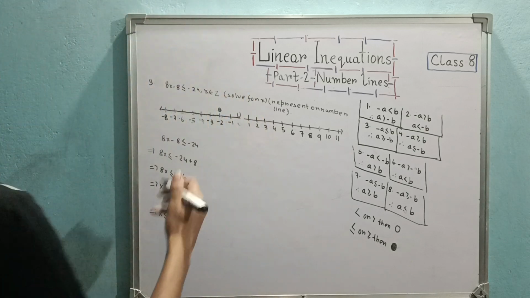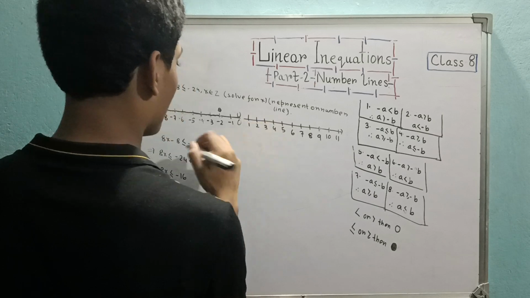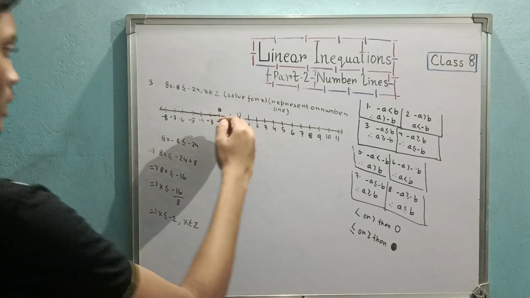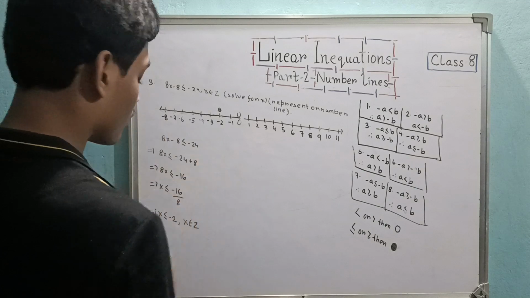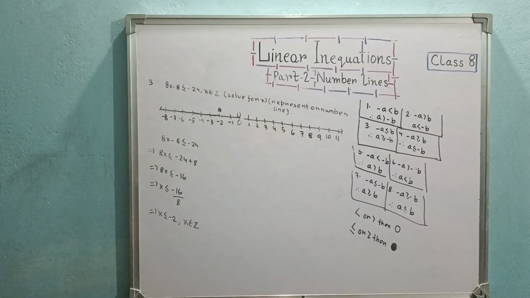So try to understand this. Here what I have done is I have tried to darken the line. After minus 2 in this direction it gets thickened because it goes endless. Endless integers are there less than minus 2. And we have put a darkened circle on minus 2 because the less than or equal to sign is there.